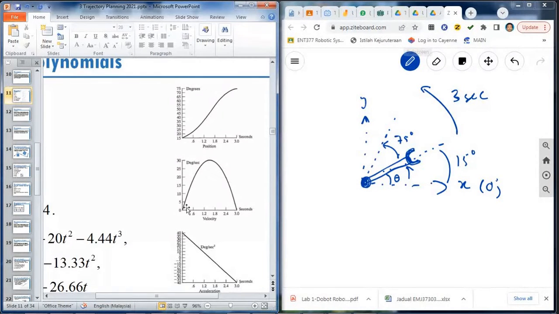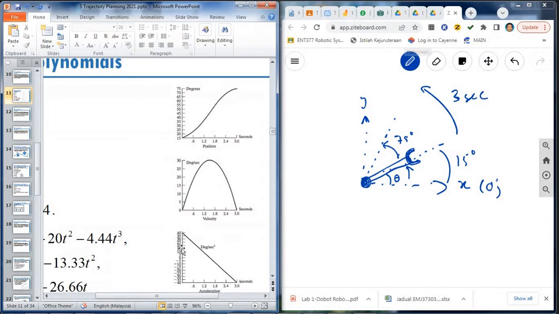We move slowly until we reach the maximum velocity in the middle, and then change the velocity slower and slower until we reach the final position. And then this is the acceleration in 3 seconds.